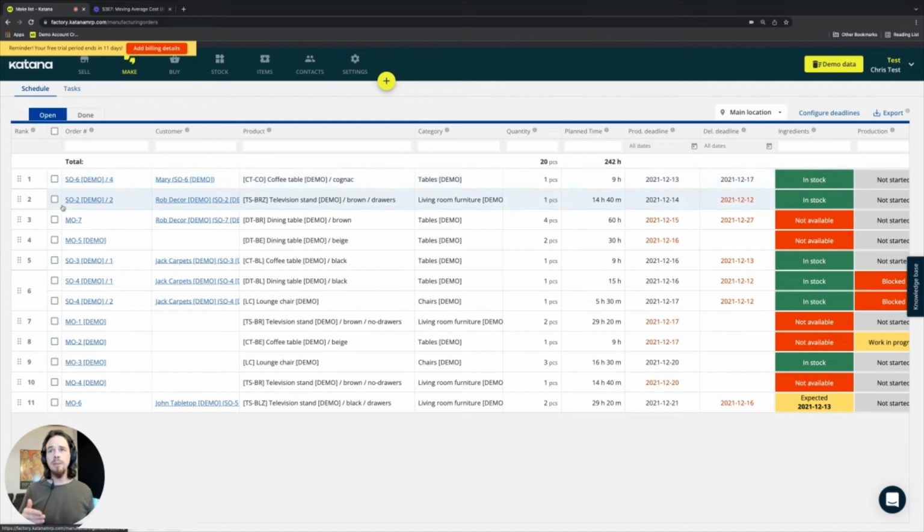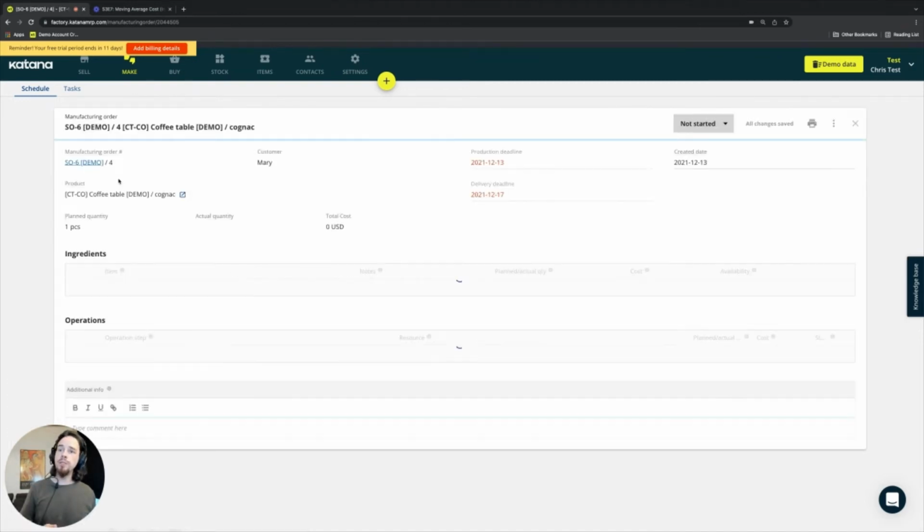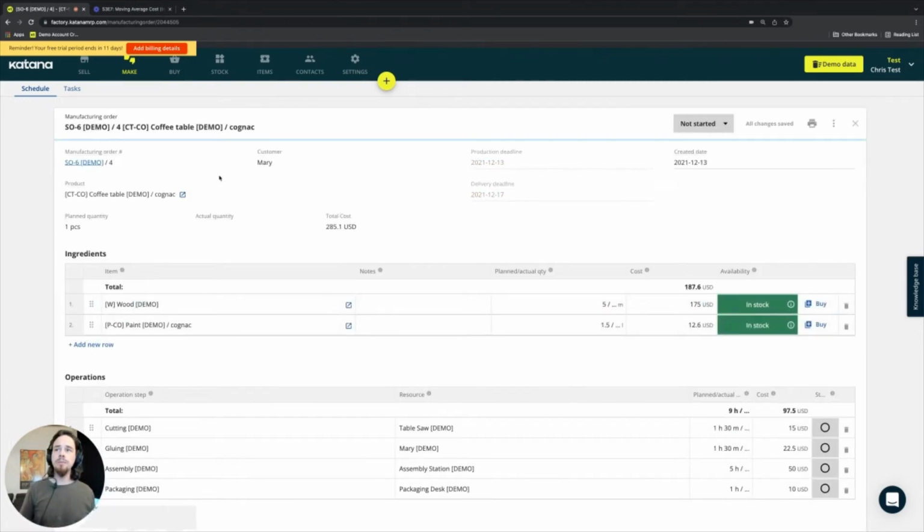So now that this item has its ingredients in stock, when we're looking at the manufacturing order, you see that the current total cost based on the current cost of materials plus the current cost of operations equals total cost of 285.1.